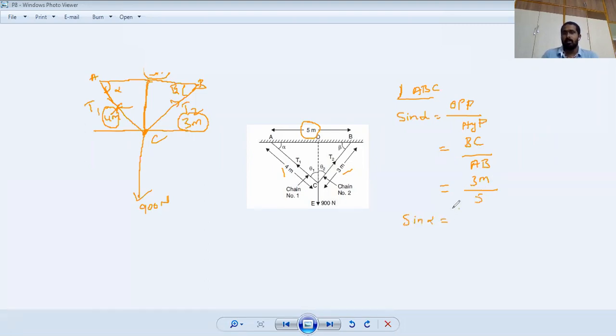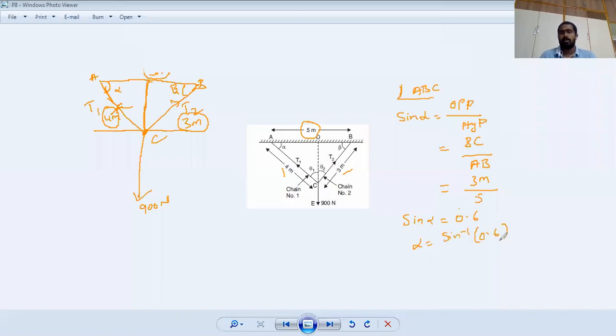What is the value of 3 by 5? 0.6. Alpha is equal to sine inverse of 0.6.